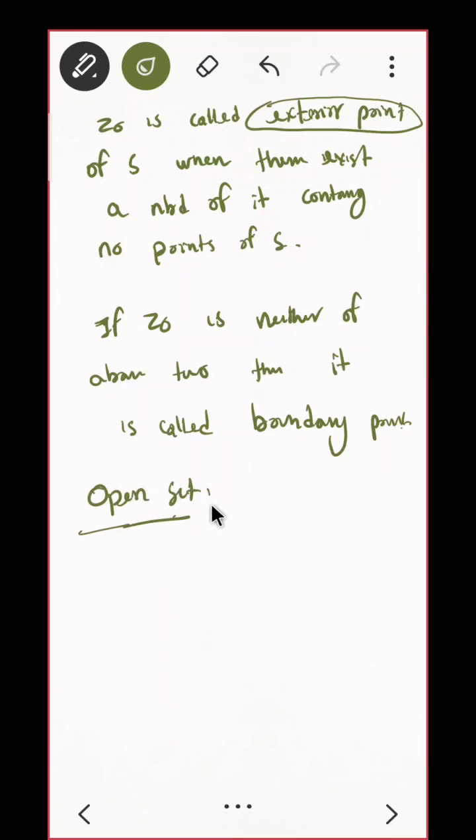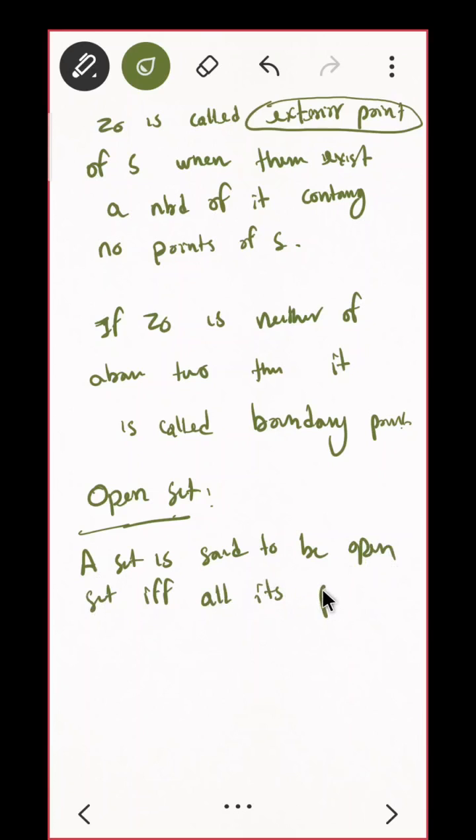Have you people not studied topology? A set is said to be open set if and only if all its points are interior points. Correct?